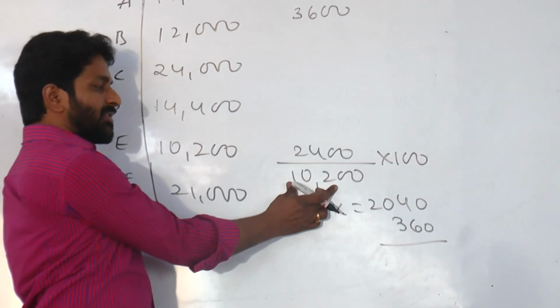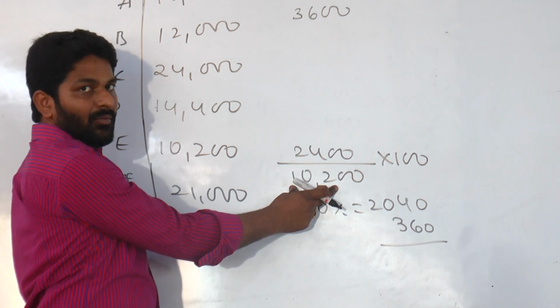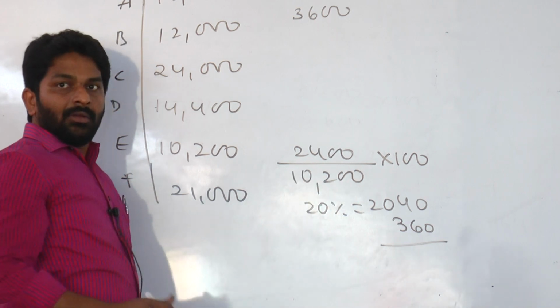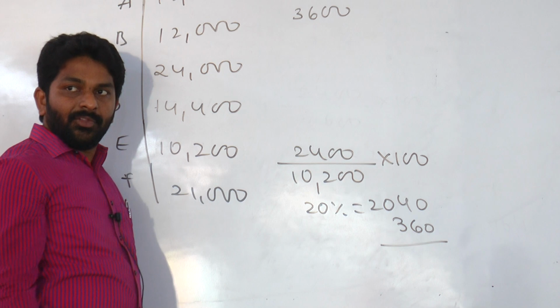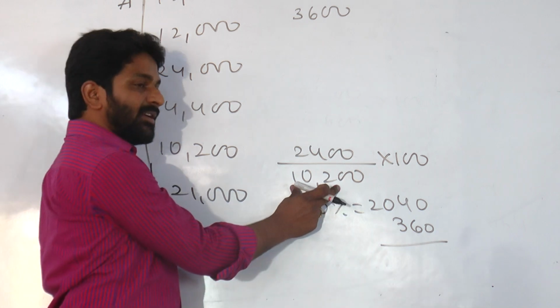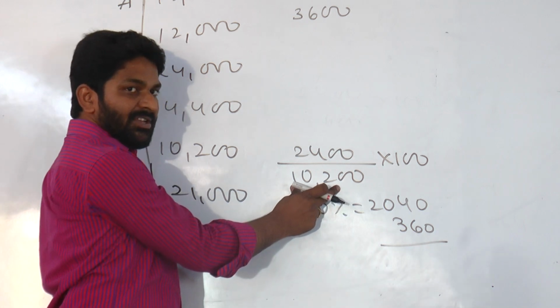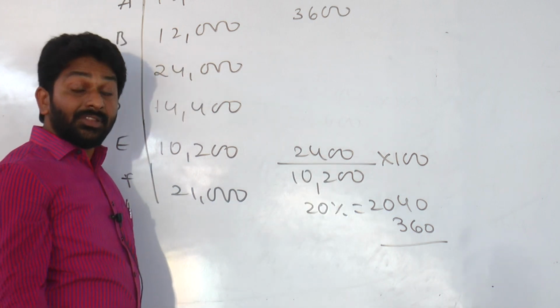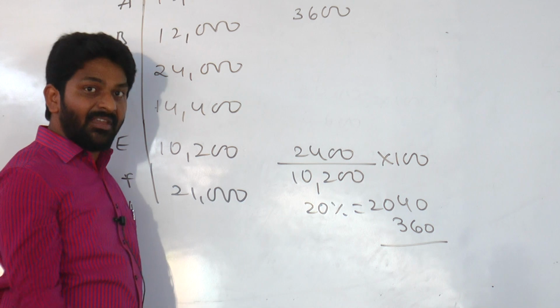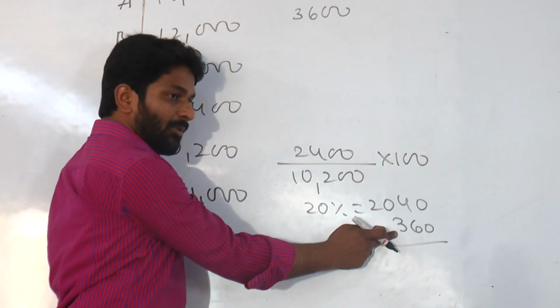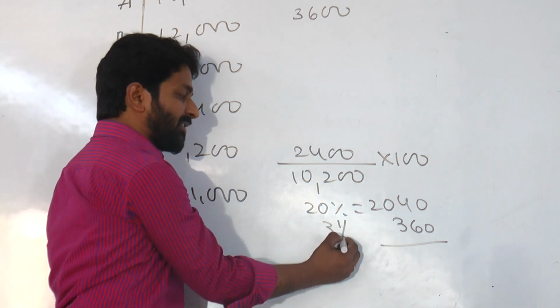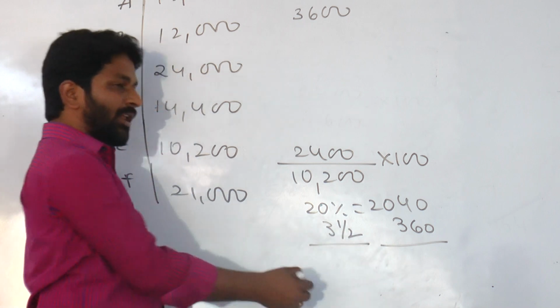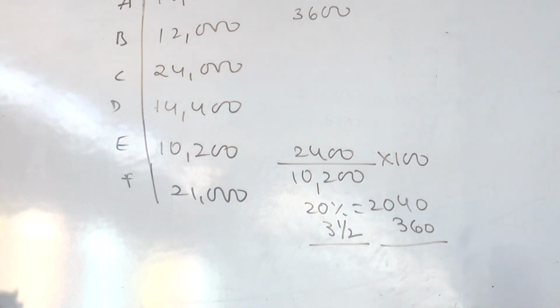Wait a minute. 1%? 102. 0.5%? 51. 3%? 306. 306 plus 51, 357. Near about that number, which is equal to what percent? 3.5%. Total 23.5%.